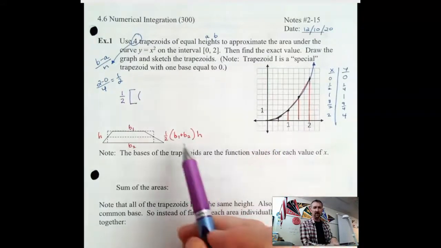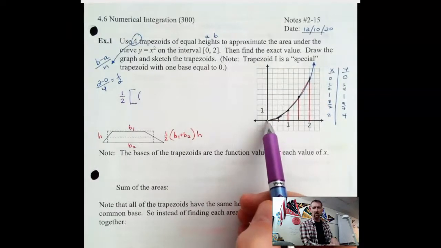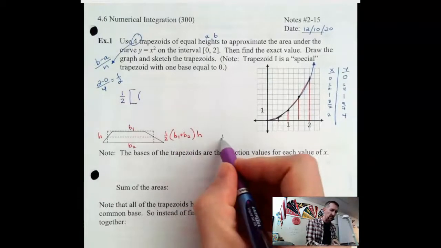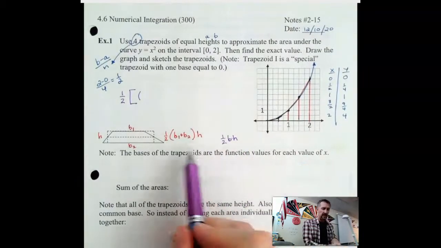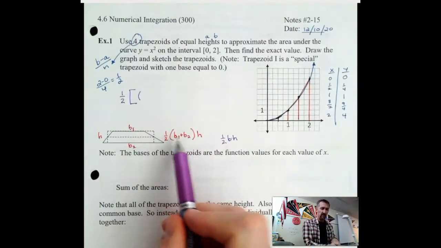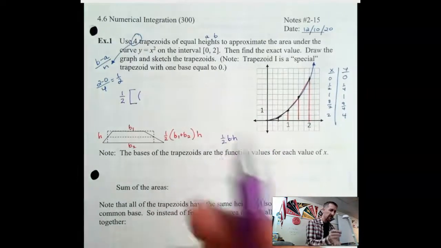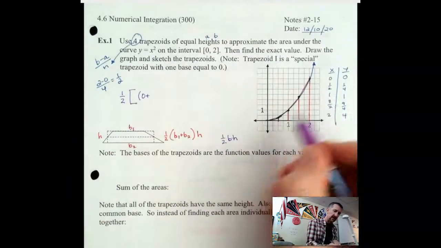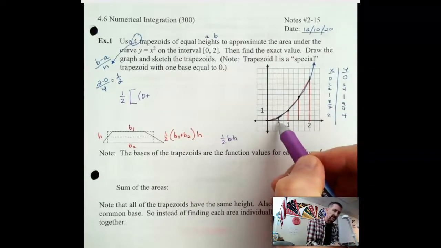But the trapezoid area formula will work for a triangle because we can consider base 1 to be 0. It seems kind of weird, but the area of a triangle is 1/2 base times height, and if we treated one of those bases as 0, because it's just a point, then these two formulas would match. So I'm going to put 0 plus that next base here.